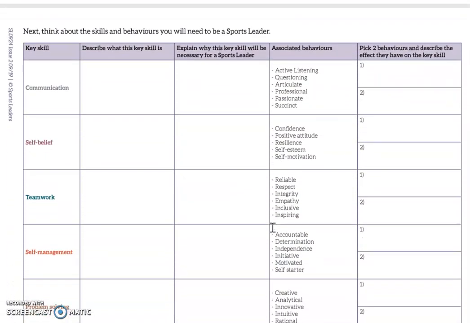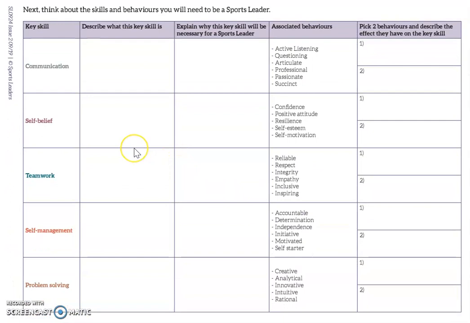Moving on in task 1.1, we then have to think about the key skills and behaviours that you'll need to be a sports leader. The skills here are identified for you, five of them in fact, and you need to be able to describe them. If you go back to page 3 of your booklet, you can see a definition for each one, so you can just fill that in from there.